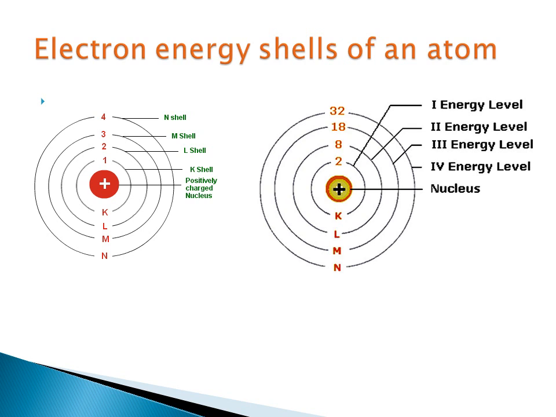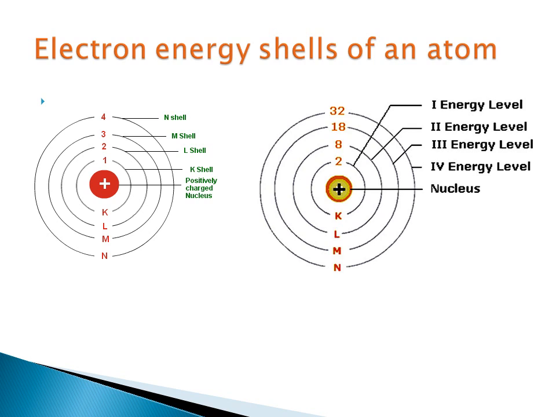The nucleus comprises protons and neutrons. The nucleus is positively charged, and circular shells surround it. The first shell is known as the K shell. By numbering, it is also designated as first shell, second shell, third shell and fourth shell.